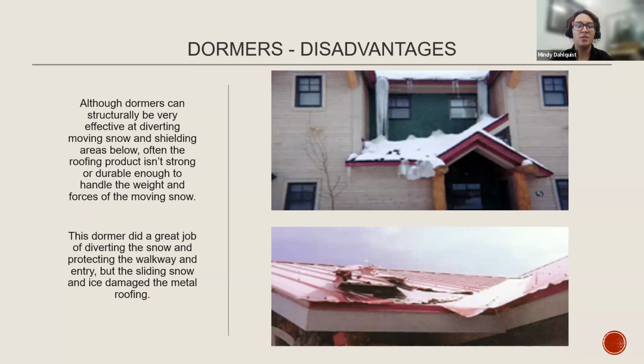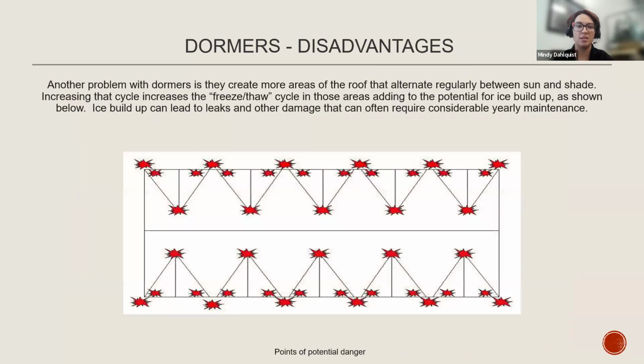Maybe a little hail or something like that, yes, but it is not made to take the impact of thousands of pounds or even hundreds of pounds of snow and ice moving around on it and slamming into other portions of the roof. So the dormer's done a great job of diverting the snow, protecting the walkway, possibly protecting somebody who is down below. But unfortunately, this roof is now extremely damaged due to that situation.